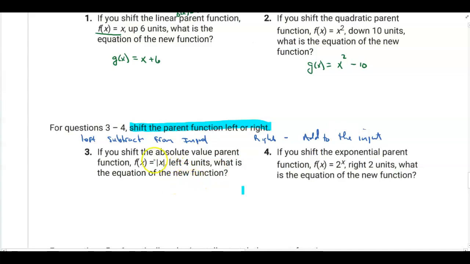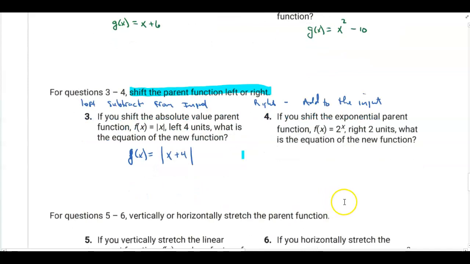Okay? So when I look at this, f of x equals the absolute value of x, and we want to go left 4 units. So g of x is equal to, now left is we add to the input. So the input is x, we're going to add 4 to it, and that becomes our new function.